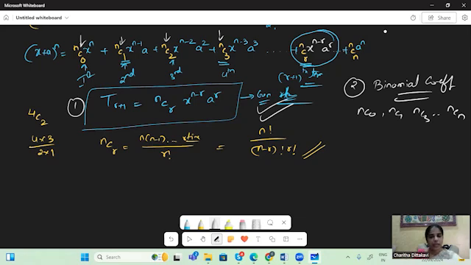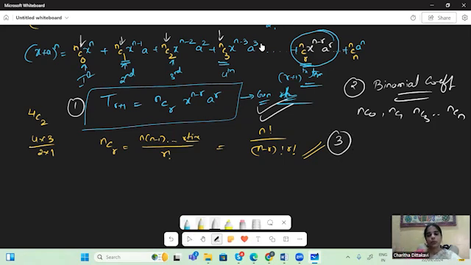What is the binomial coefficient for the third term? Tell me. That is NC2. For the fourth term, NC3. If I ask you for the 50th term, the binomial coefficient will be NC49, perfect. Isn't it? Just one less than that. Clear? Understood that?